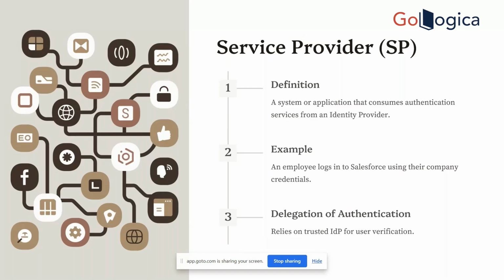If the user is verified by the IDP, then they are able to let me access their platforms in that application. So that is what we call a service provider: a system or application that consumes authentication service from an identity provider.